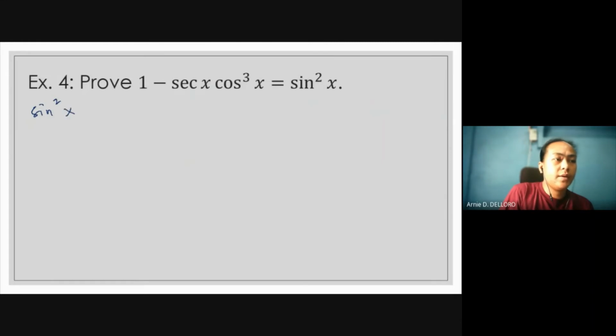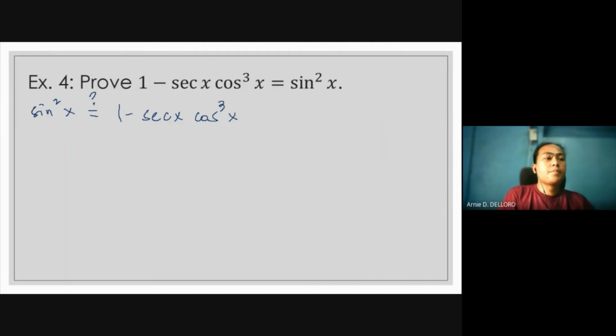manipulate this one. Okay? So hindi natin alam if they are really equal. So we have 1 minus secant x cosine cube x. Okay? We can use here the reciprocal identity.